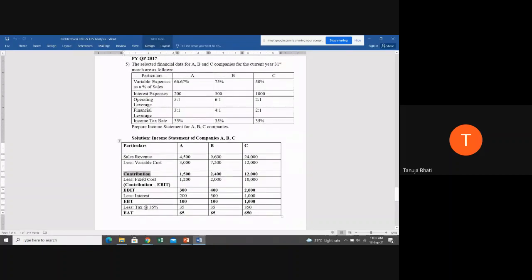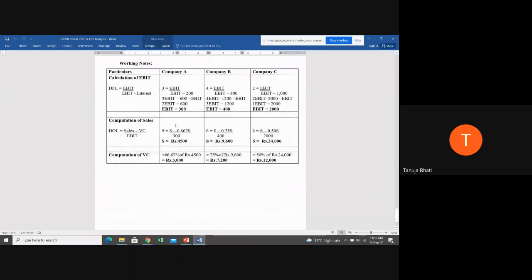But it is nothing but sales minus variable cost, which is your contribution. So in the working, students, operating leverage is sales minus variable cost, which is your contribution divided by EBIT. Since you do not know the contribution, you have taken sales minus variable cost, which is in turn equal to your contribution.